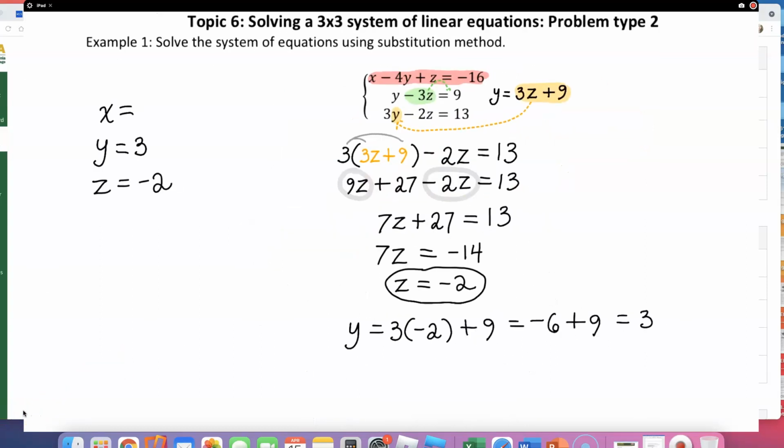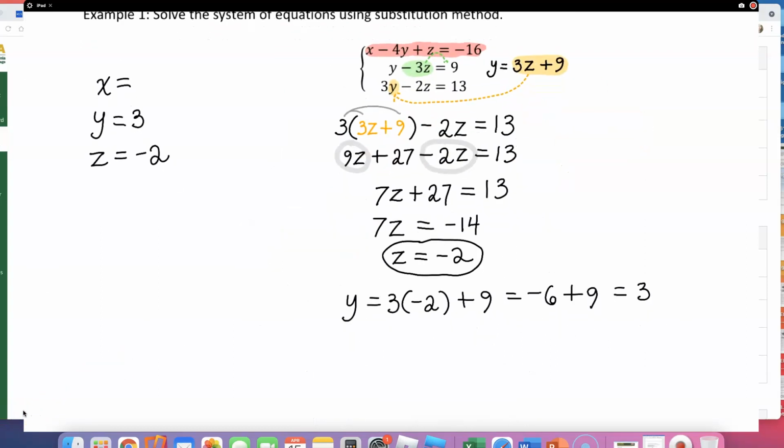So I'll go ahead and write down what I'm doing here. Plug in y equals 3 and z equals negative 2 into equation number 1. And I didn't even name my equations in this problem.